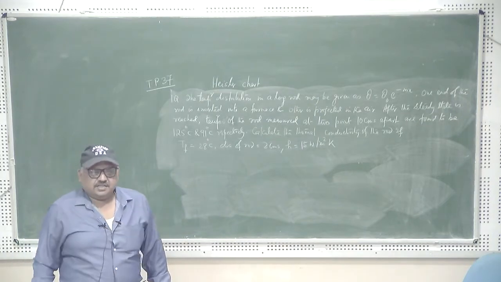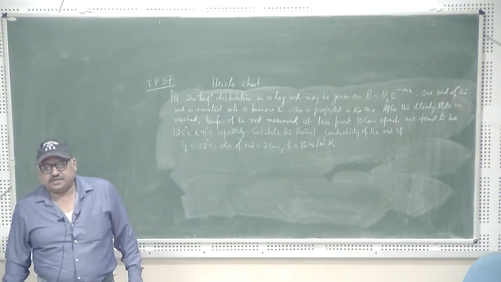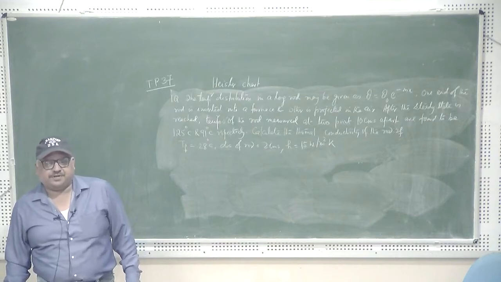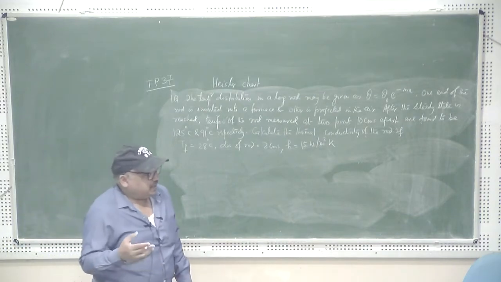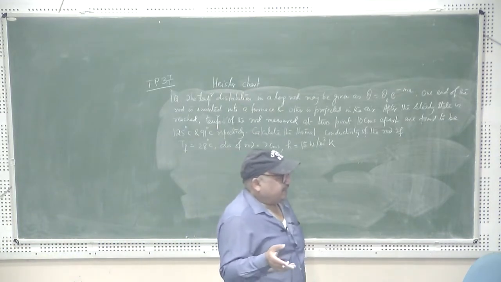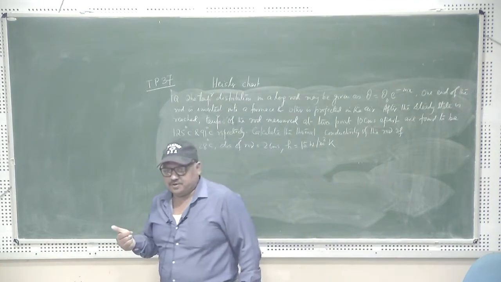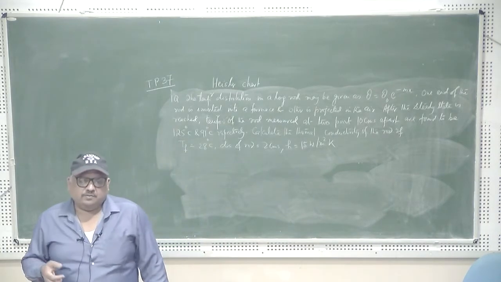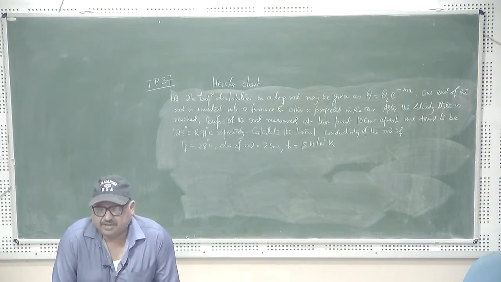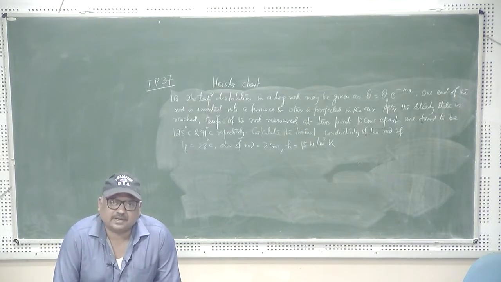This is basically the principle of the Ingenhousz method of determination of thermal conductivity of materials. I gave the name of the method in the first or second class of transport phenomena, while we were discussing the importance of empirical correlations for the determination of thermal conductivity.